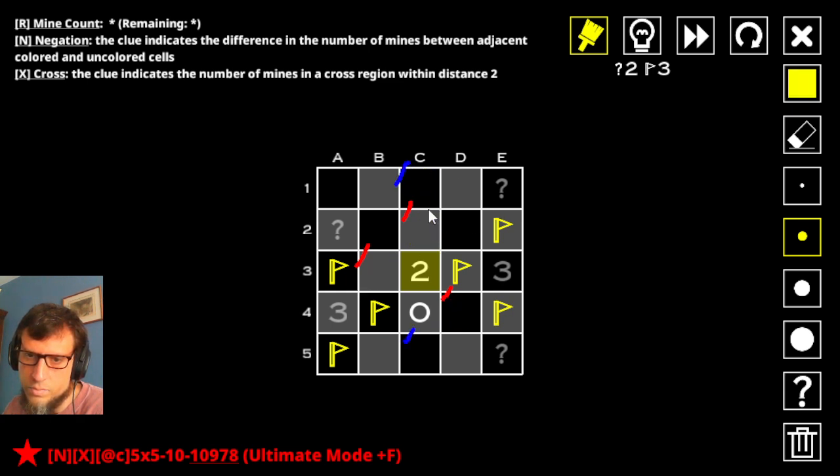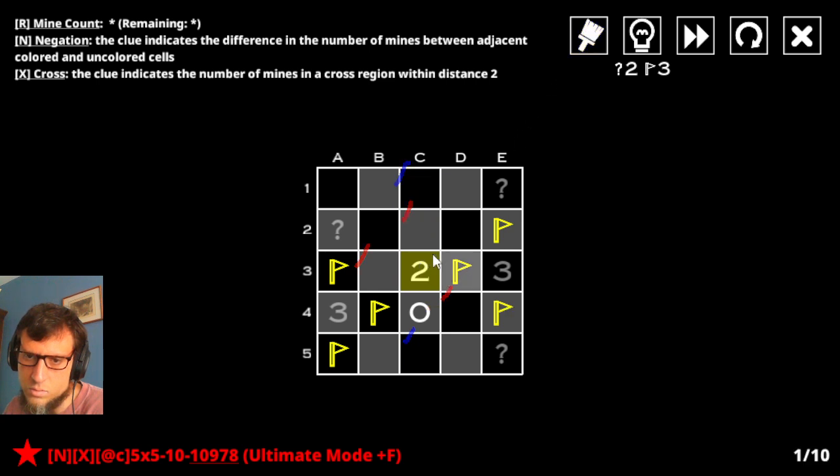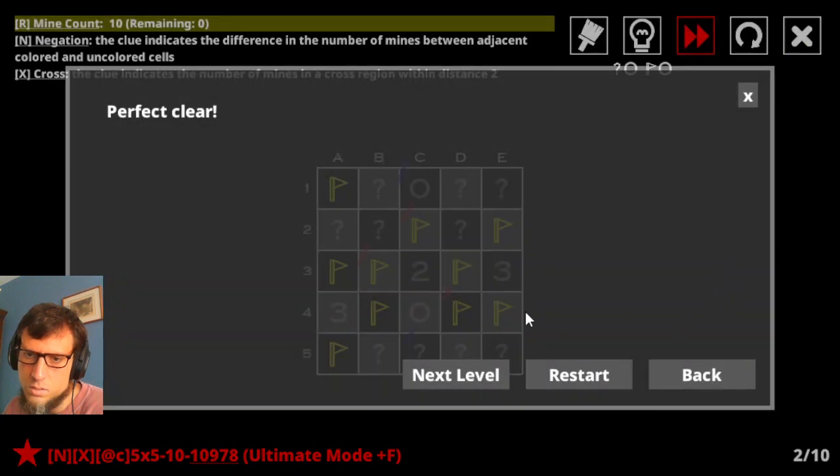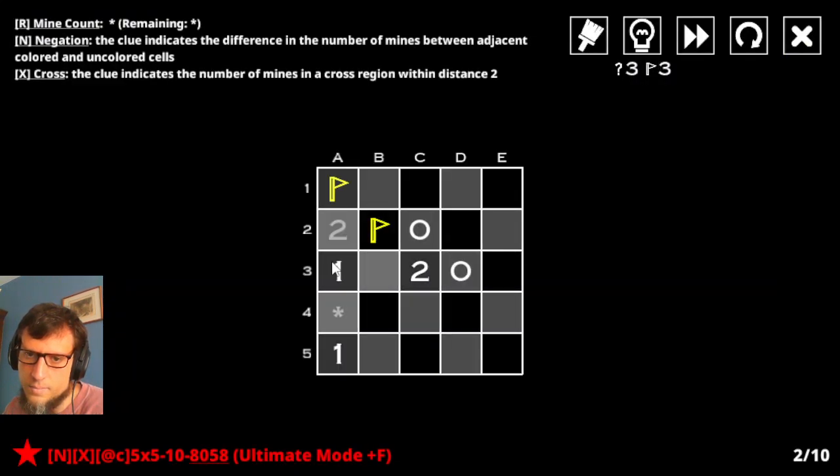So if the 2 were blacks, for instance, then this would need another gray, but it doesn't have access to one, and so that's a contradiction. And so we are left with 1, 2, 3, 1, 2. Okay.